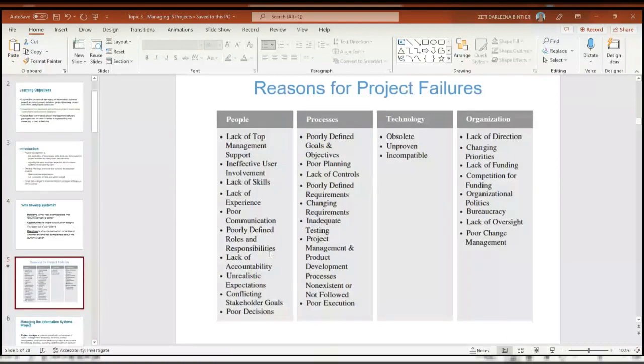The next, kita tengoklah kenapa some projects succeed, some projects fail. So kalau some project success, dia akan jadi success story lah kan, dan dia akan di-benchmark untuk future reference. But some projects can also fail, termasuk juga information system punya project.